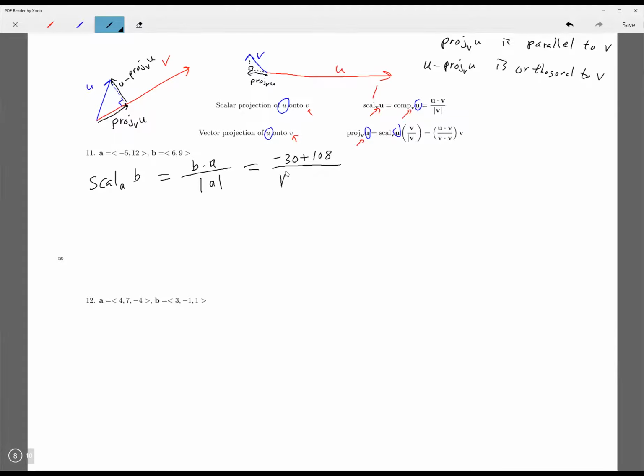And then down here you have the square root of 5 squared plus 12 squared. Ooh, I know what that is. So this is going to be 78 over 13, right?